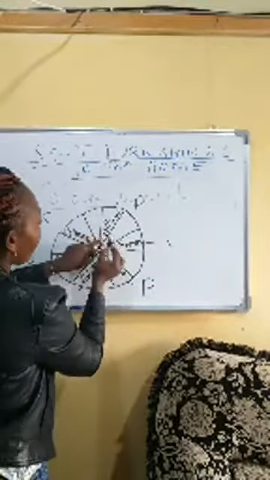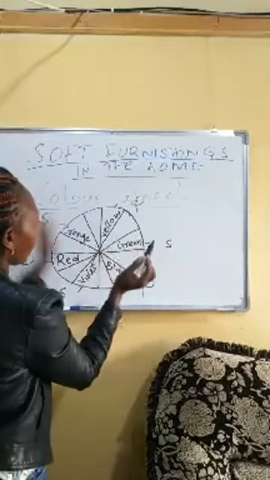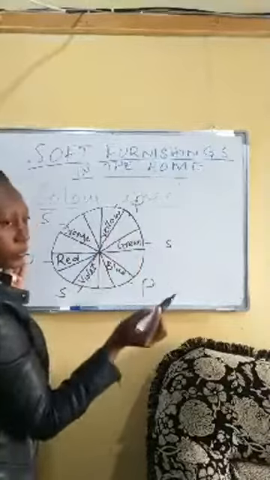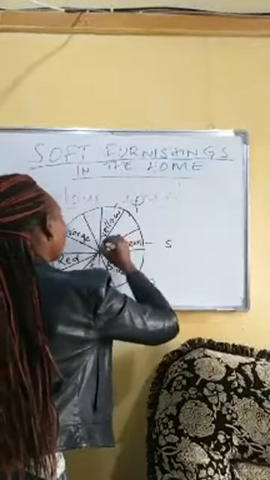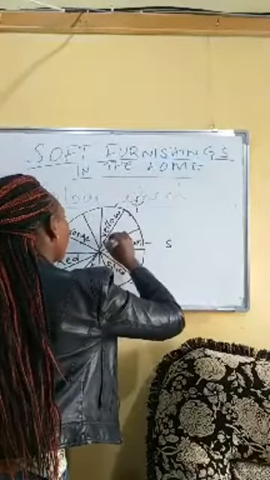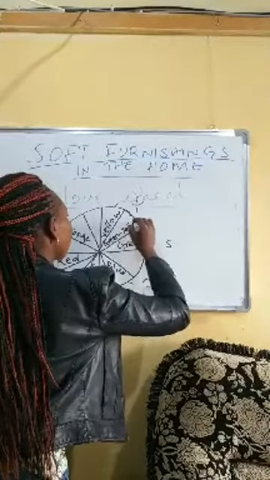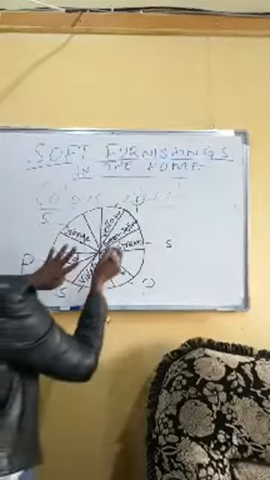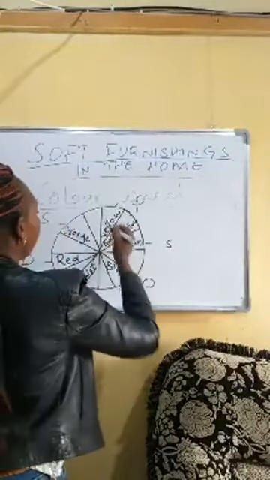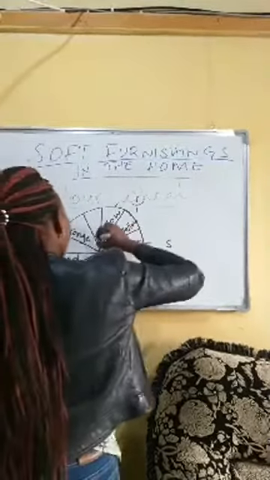Now we are left to fill up the tertiary colors. So yellow plus green, or green plus yellow, will give us green yellow. So we have green yellow here. Our orange plus yellow will give us orange yellow.